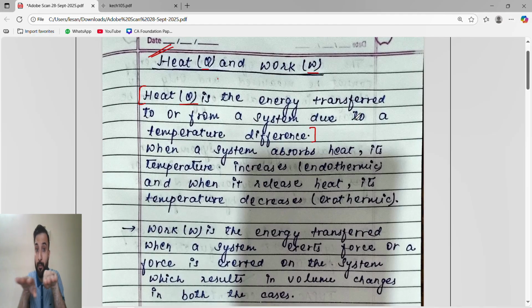If both temperatures become equal, the system and surrounding temperature are the same, so that comes under the equilibrium condition. The transfer will stop. Transfer will only happen in the case of temperature difference. This is a very important point for the notes.